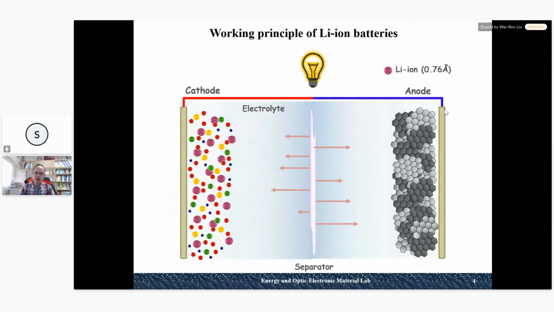During charge, lithium diffuses into the anode to store the energy, and during discharge, the lithium goes back to the cathode. So the interface and surface modification are very important. It could not only enhance the reversible capacity, but also the safety.